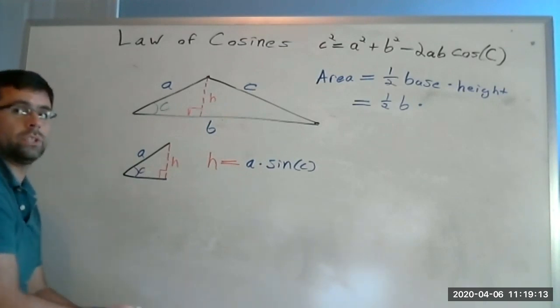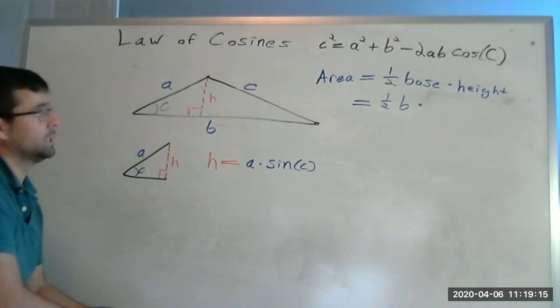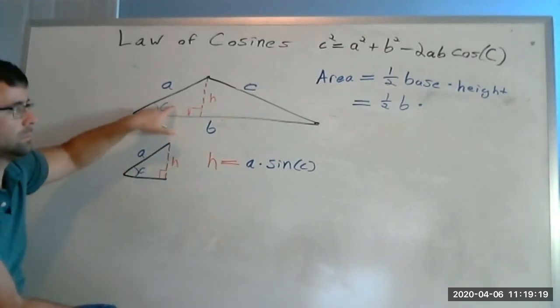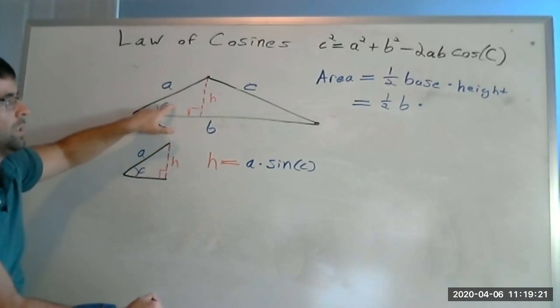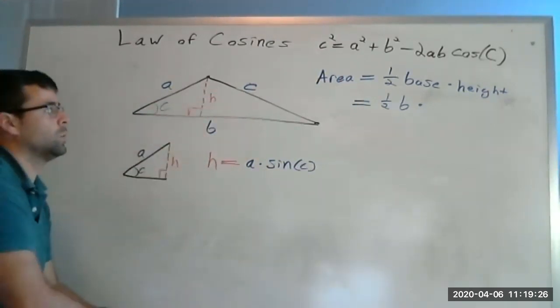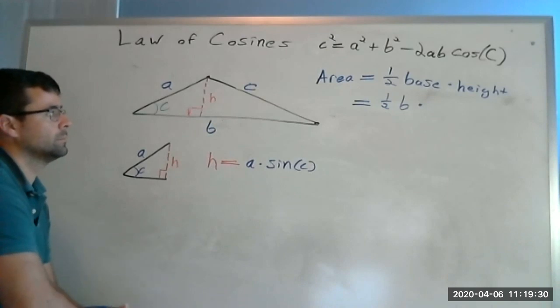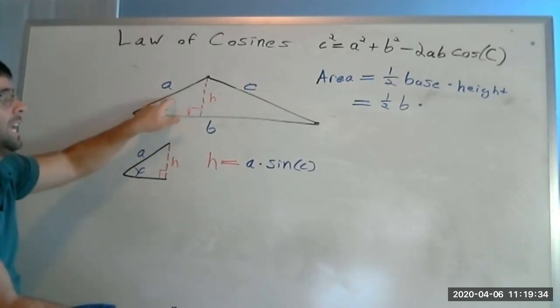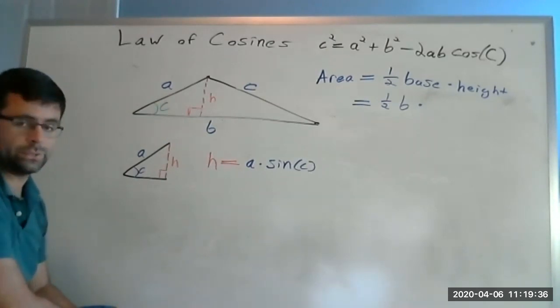So we use the law of cosines to find angle C. And then we know that the sine of that angle times side A equals H.